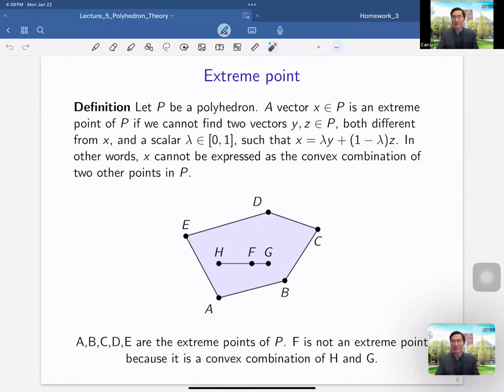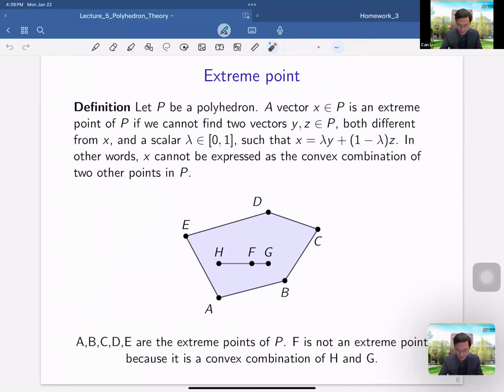Okay, any questions so far? All right, if no questions, let's talk about a very important concept here. It's called an extreme point. So how do we define an extreme point?